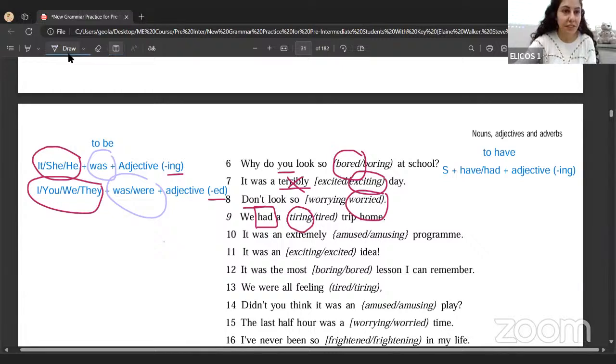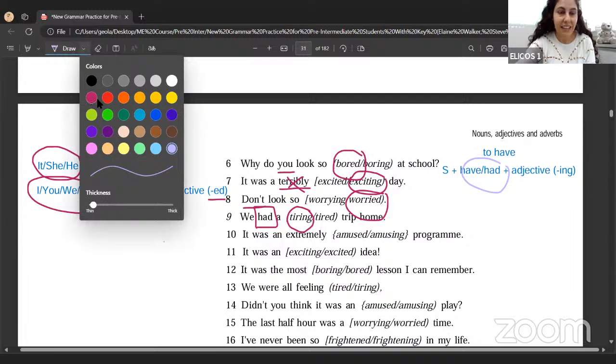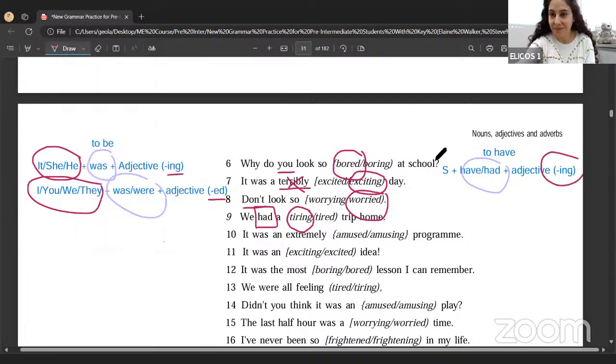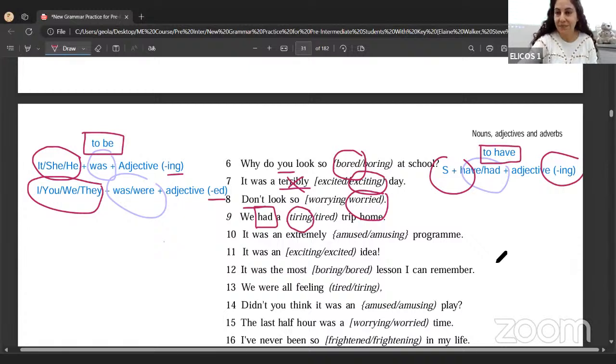So the difference was because we were using the verb to have, and that meant we needed to use the -ing with all subjects. So you've got 3 rules now that you've learned. Which one is correct? Well, they're both. It just depends if you're using to be or to have. Both are correct.